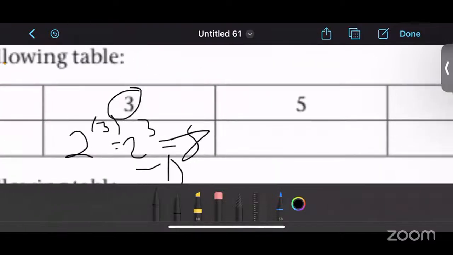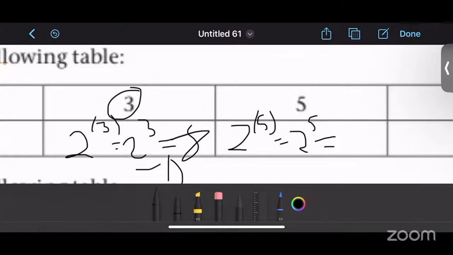And then 2 to the power of 5, what is 2 to the power of 5? 25. 2 to the power of 5 is 25?